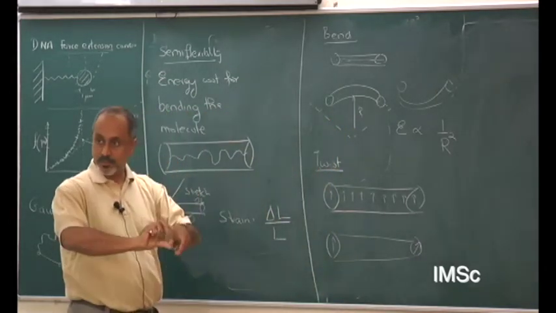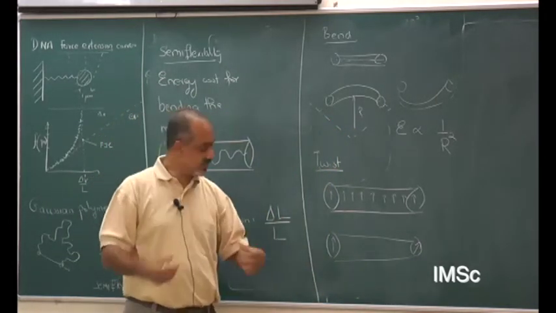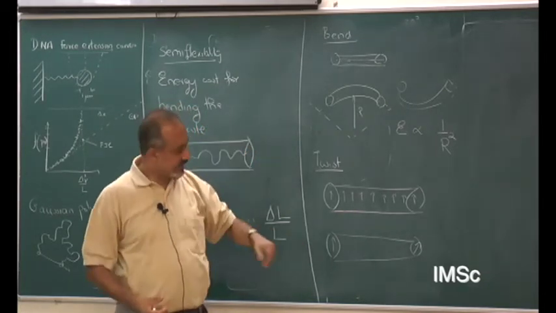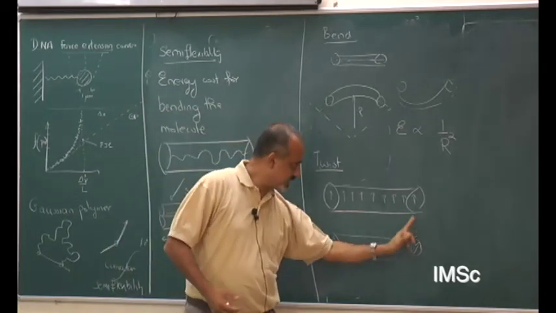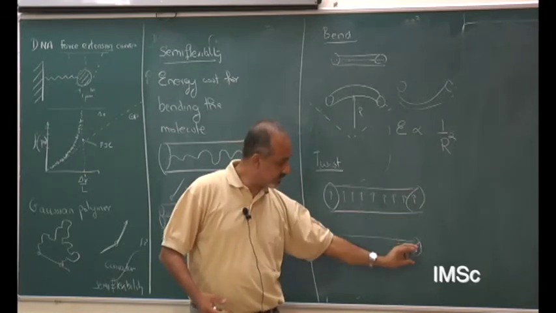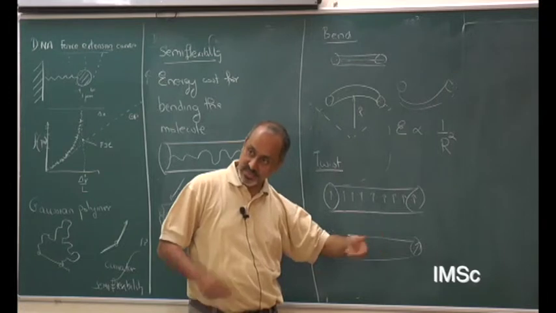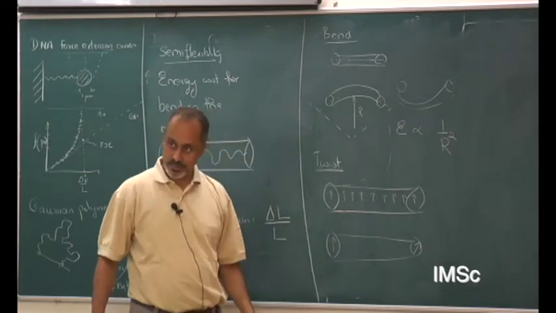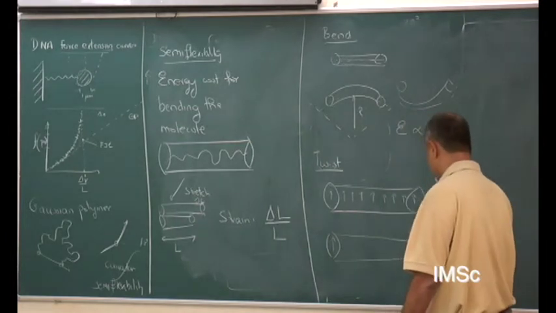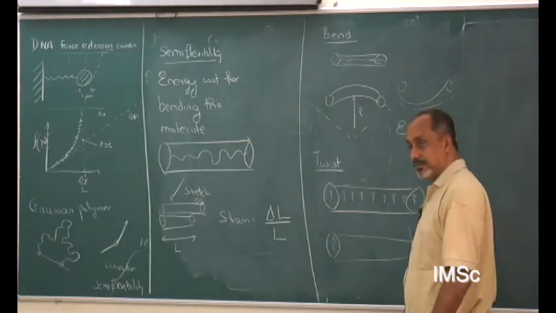This corresponds to what we normally think of as twisting. If you imagine a perfect cylinder here, I take the end and I move it like this. By moving this vector around on the surface, I have twisted this column. So the amount of twist is basically how much I have moved this. Let us call it some angle phi.